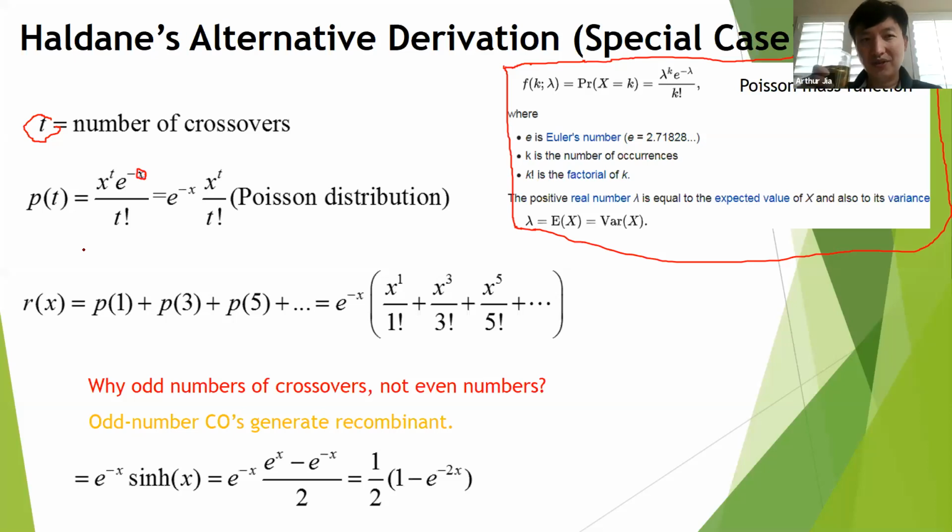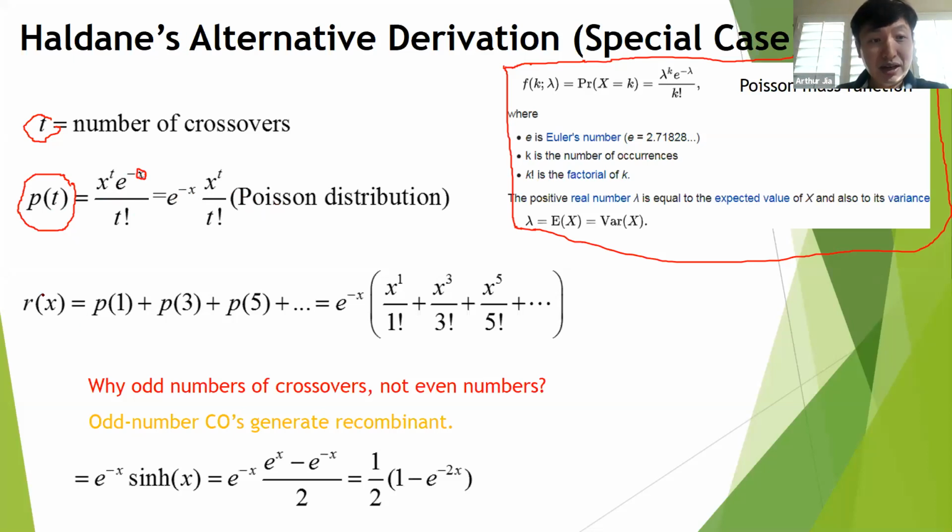This slide shows this. If we want to calculate within this X region, what's the chance for us to see T crossing overs? So we use this mass function.